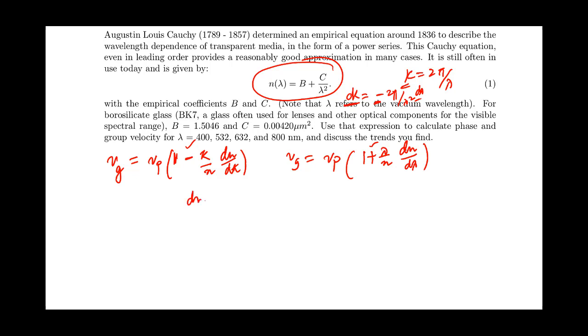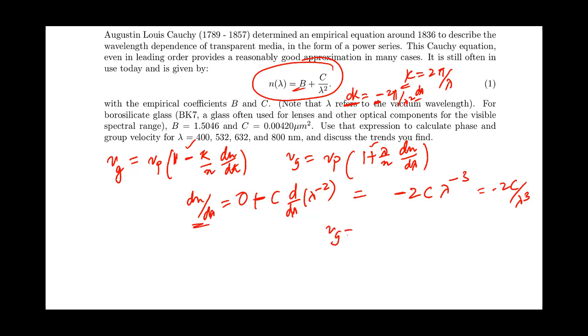So if I do dn by d lambda, I would get b is just a coefficient, so it is 0, plus c times d by d lambda of lambda to the power minus 2, that is minus 2c lambda to the power minus 3, or I would have minus 2c by lambda cube. So we got dn by d lambda.